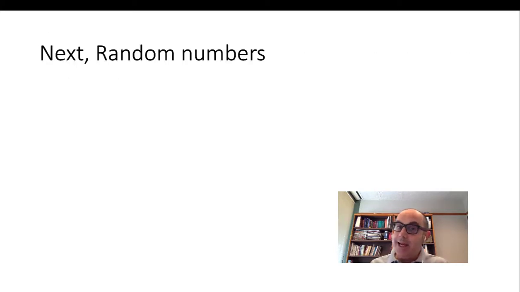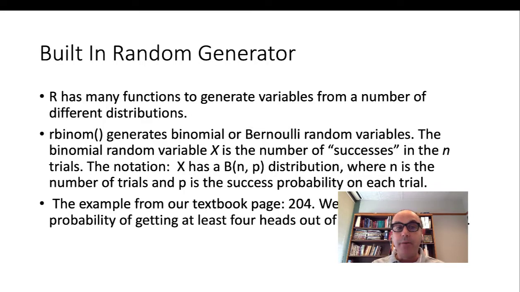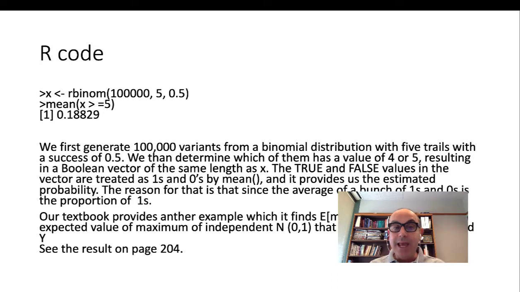So the idea here, I want to introduce to you the idea of random numbers. R has many functions to generate variables from different distributions. As I said, rbinom generates binomial variables. But we also have the ability to generate others.